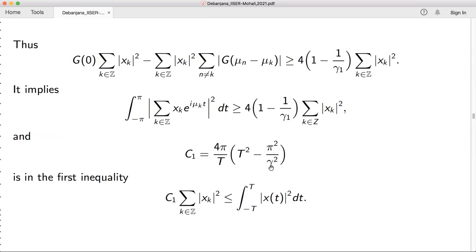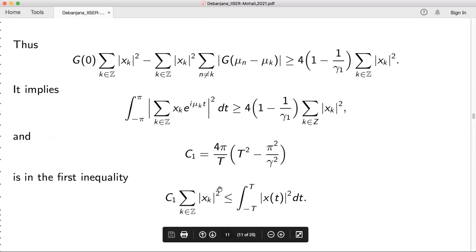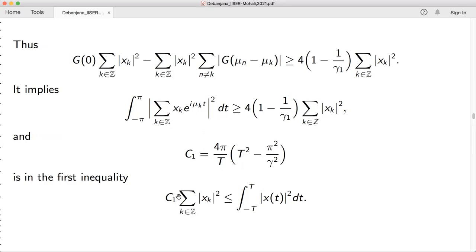We will come back to that coefficient a little later once we prove the other inequality. So in particular, we proved the first inequality with that constant C1. This is particularly the left hand inequality, which was more important to us to study the inverse problem. Okay, so that is it.